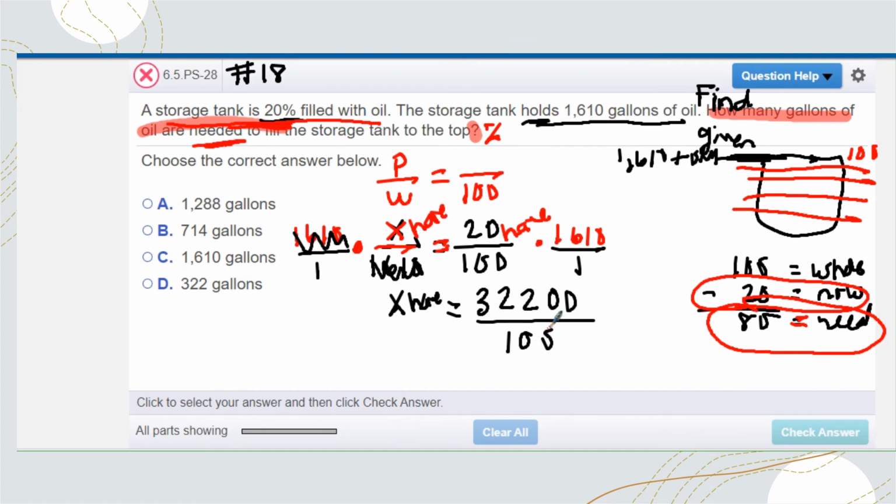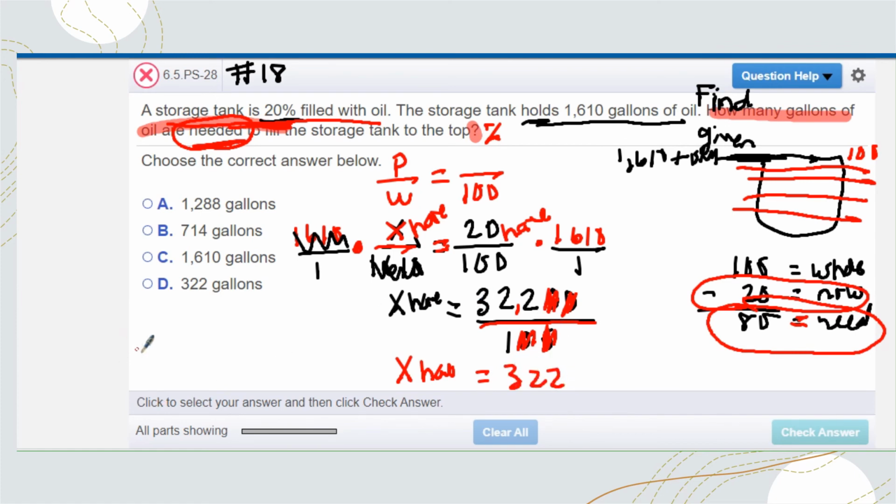Then I'm going to divide that because it says to divide by 100. So I'm just going to cross off this 0 with this 0, this 0 with this 0, and I have 322 divided by 1. So x, which represents what we have, not the answer to the question because the question asks for what we need, is equivalent to 322.